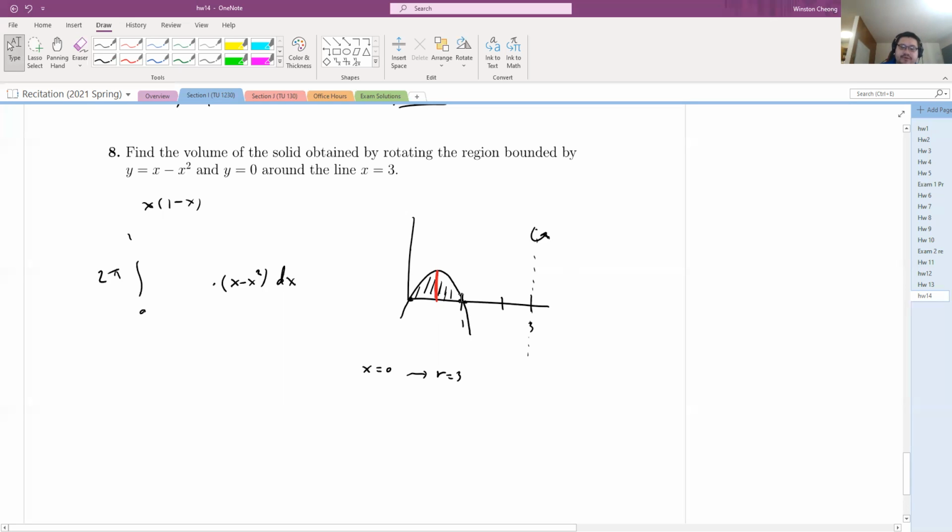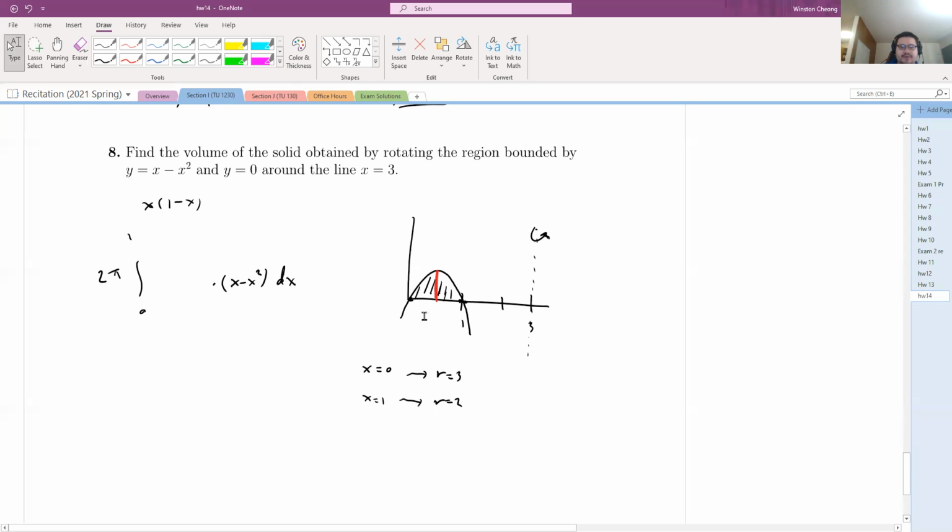The other extreme is when the red line is at 1. In that case, x would be equal to 1, and the radius there is the difference of these two. So 3 minus 1, the radius is 2 in this case. So when x goes from 0 to 1, you want the function to go from 3 to 2.